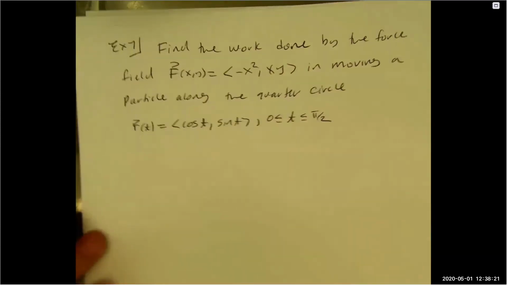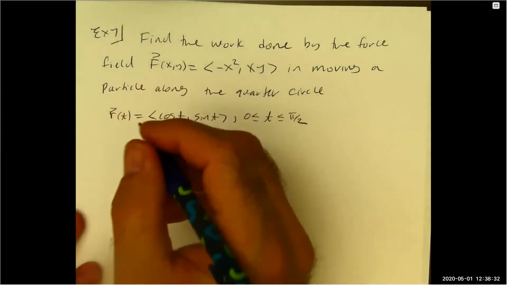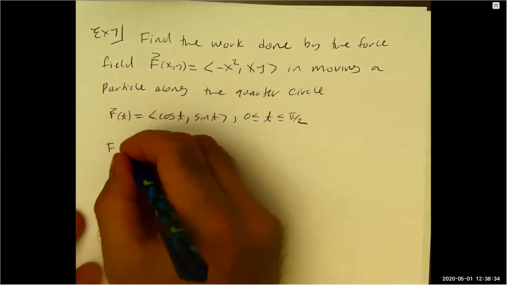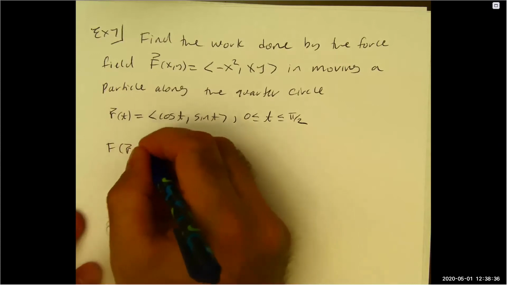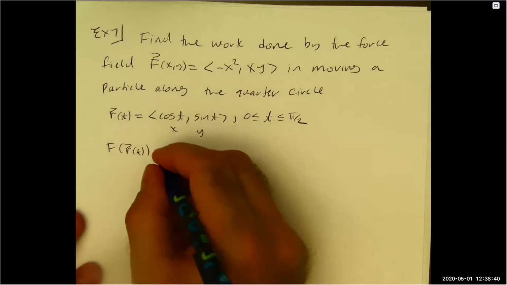All right, so this is the problem. And so basically we're just calculating the vector form for the line integral. And so we have F of r of t. Remember, this is your x and this is your y. So we're going to put those in.